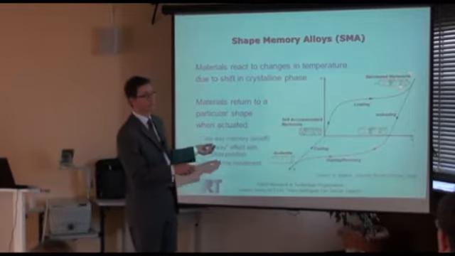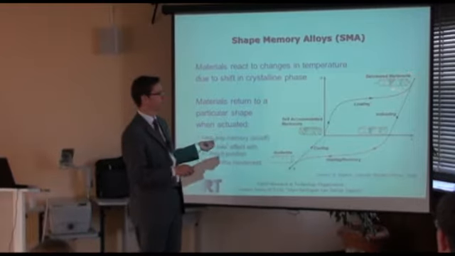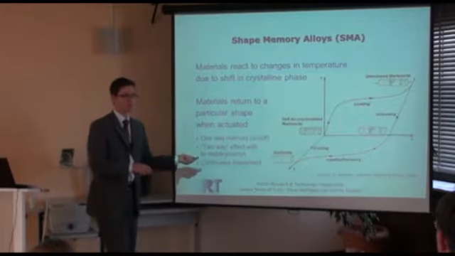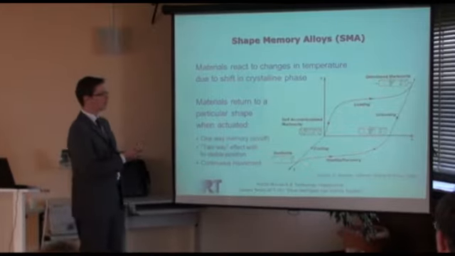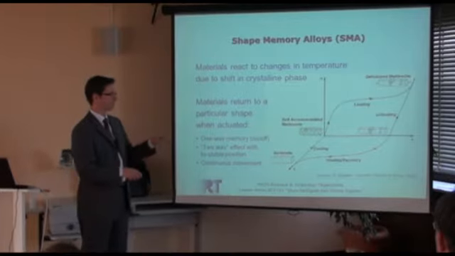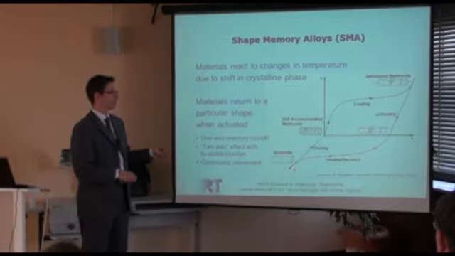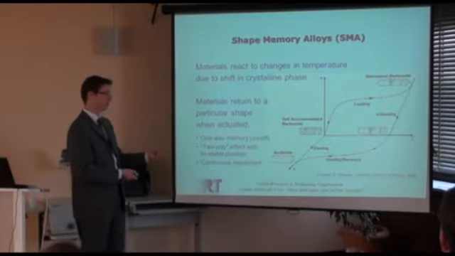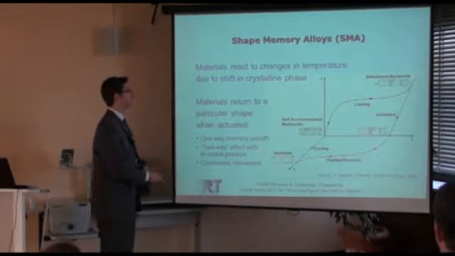So you can change the state by modifying the temperature between martensite and austenite, and this gives you a deformation, and that's like a memory effect. That's why they call them shape memory alloys. They've got two states of material which can be activated or deactivated by temperature. And this temperature can be produced by current.